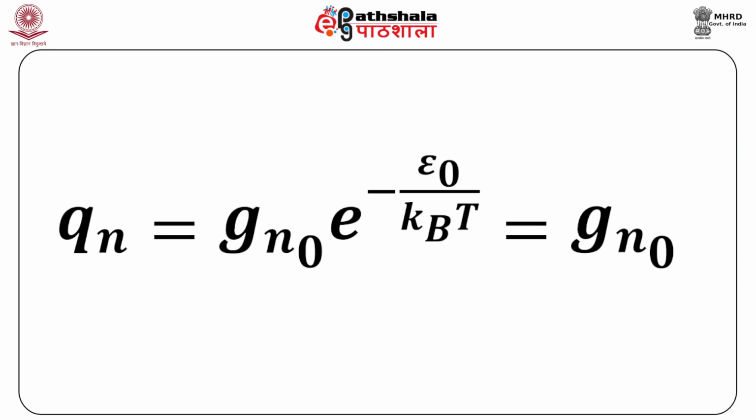If we bring all these energy levels to the zero of the energy scale, the nuclear partition function becomes equal to Gn0, the degeneracy of the ground nuclear state. All this we have learnt in the earlier module.